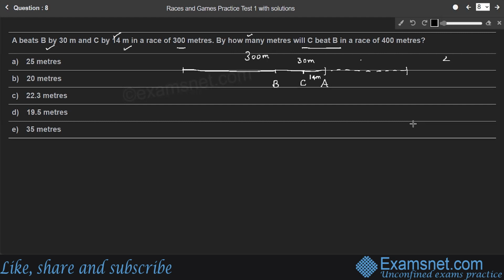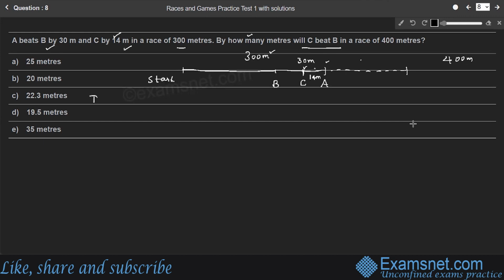When A beats B in the race of 300 meters, C is also beating B. Here, the distance from the starting point to C is the total distance of 300 meters minus this 14 meter distance between A and C.